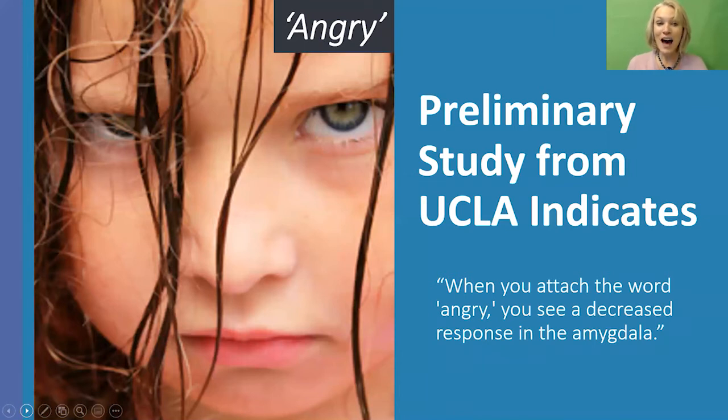So that means that another area of the brain actually gets in the driver's seat, right? So no longer is that emotional situation making us stupid. Our prefrontal cortex kicks in, and then we can respond more appropriately.